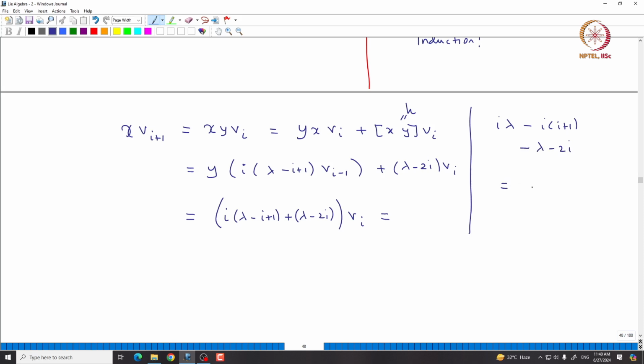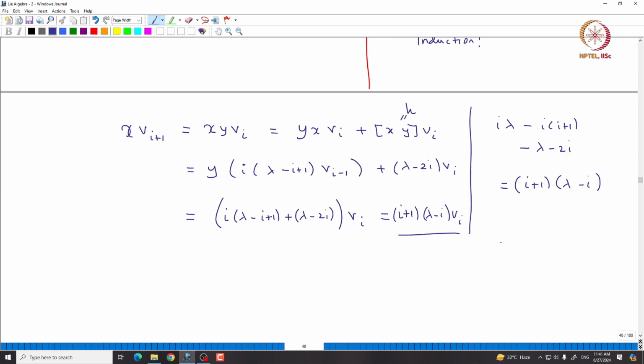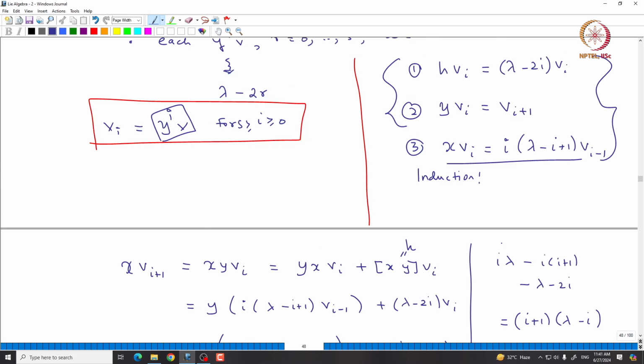If you calculate this, it gives you i plus 1 times lambda minus i. So that means this is going to be i plus 1 lambda minus i v i. This is the thing that we wanted to prove. If you put i plus 1 here, you get this formula. So this completes this calculation.